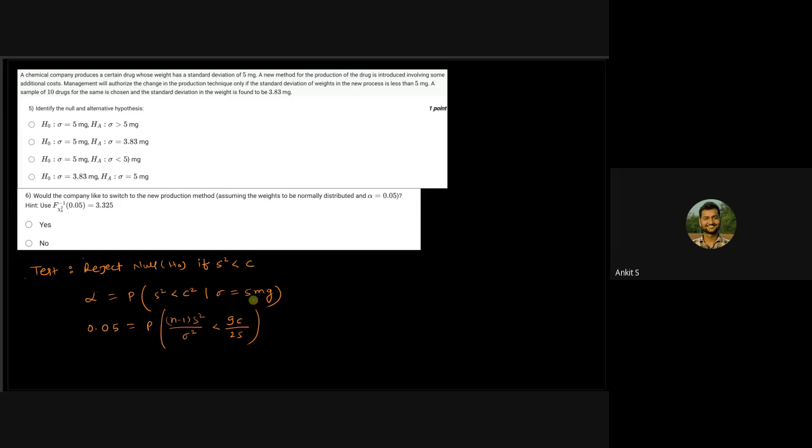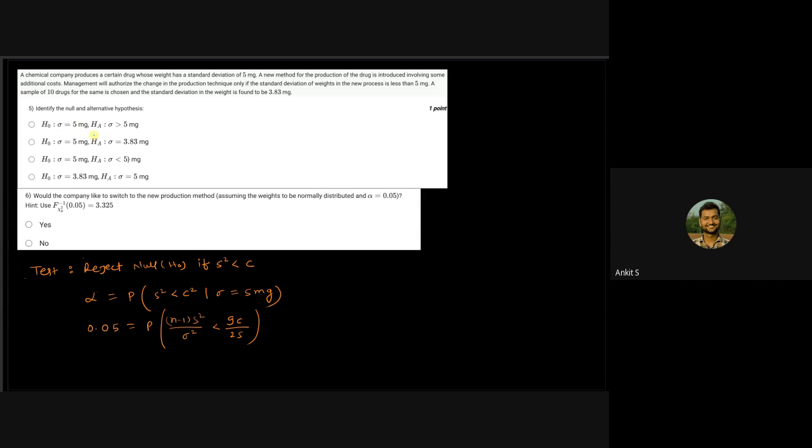Okay, you have old drug and you have a new drug. When you are producing the old drug, then the standard deviation in the weight is just 5 mg. And when you're trying to make a new drug, then it will have some different amount of standard deviation. What's the null hypothesis here? Null hypothesis will say that the drug will have sigma equals 5.